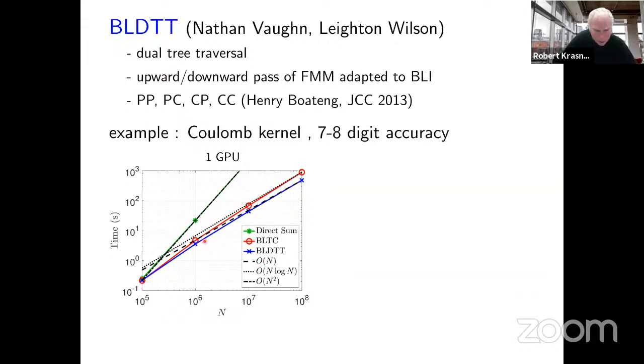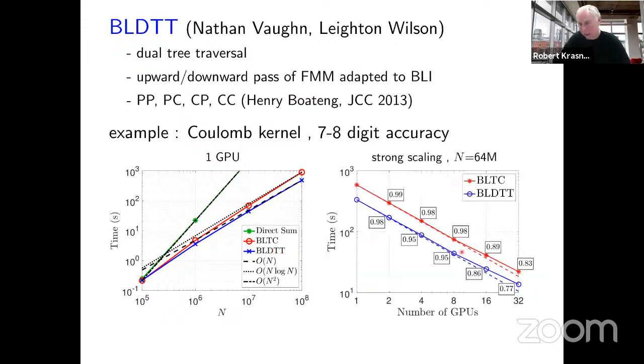The dashed line here is n squared. This dot-dashed line, that's the order n squared. This dashed line over here, that's order n. And this guy over here is asymptotic to that. So it's faster. So we find an advantage now for this BLDTT.